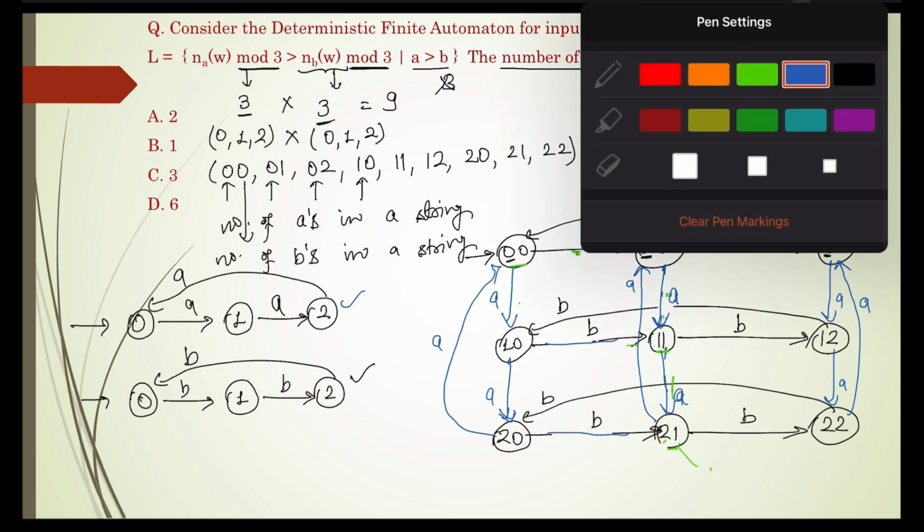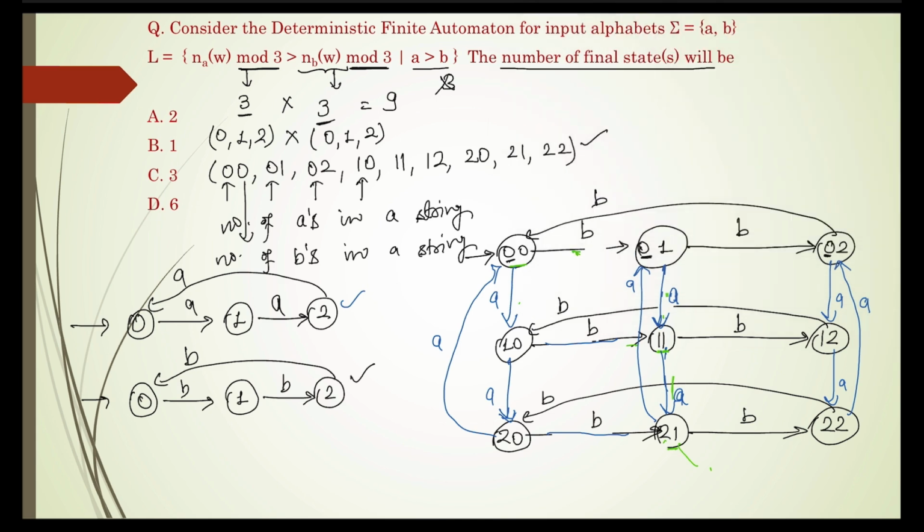Now we have to identify the number of final states. Since the condition given to us is number of A should be greater than number of B. Here number of A and number of B are 0 0. Number of A and number of B is 0 1. But A should be greater than B. So this will be one of your final states, and this will be our final state, and this will be our final state.